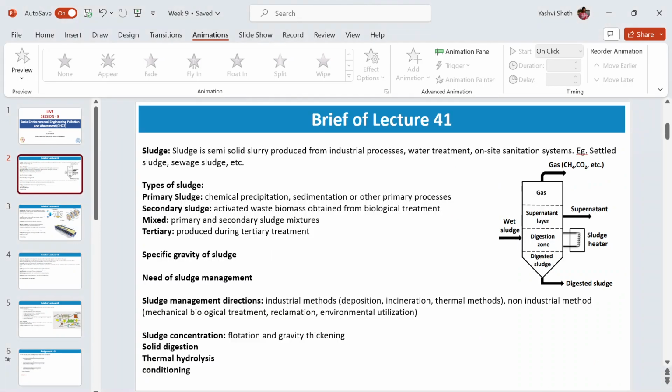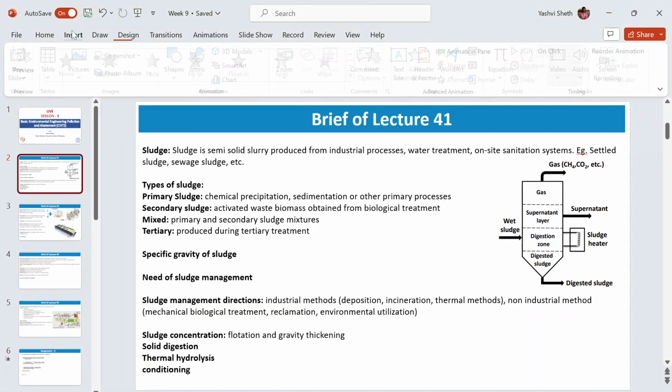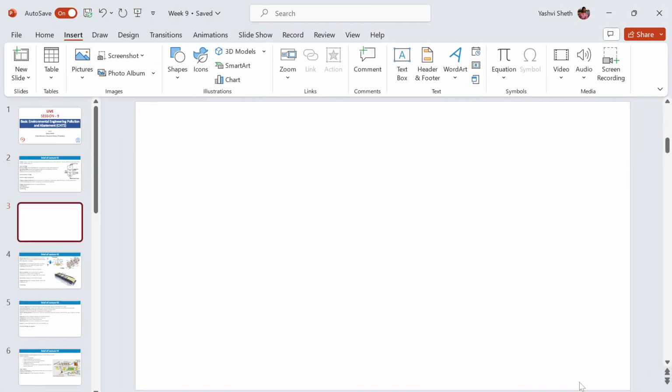So let me take a slide. Okay. So solids are generated from any sort of industrial process.